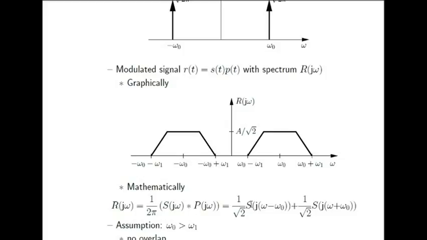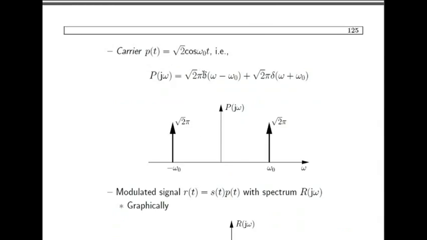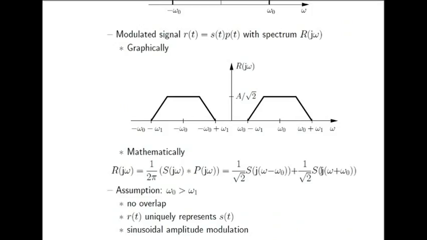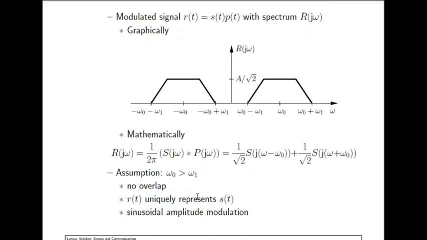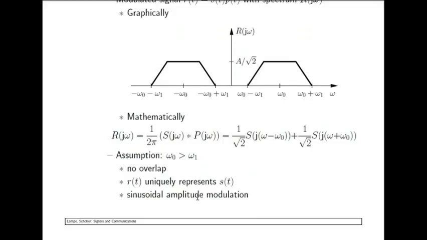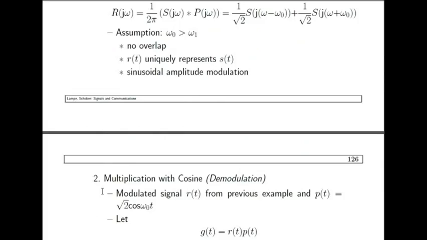This is so because if I convolve some signal S with a delta signal, or unit impulse signal, then I get this type of result. I am assuming that omega naught is greater than omega 1, which implies that there is no overlap. And r(t) uniquely represents s(t), and it is called sinusoidal amplitude modulation.